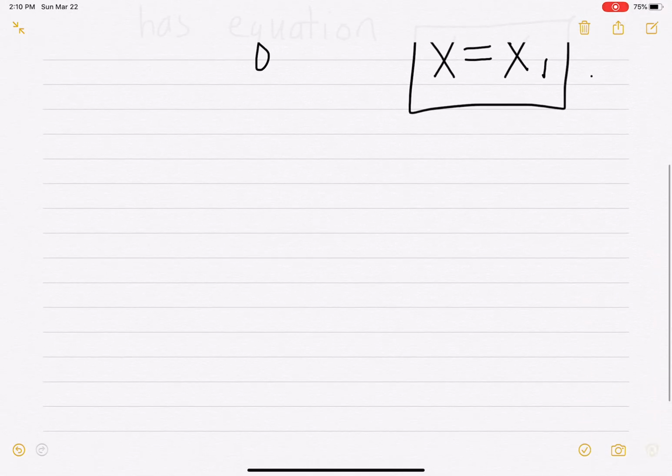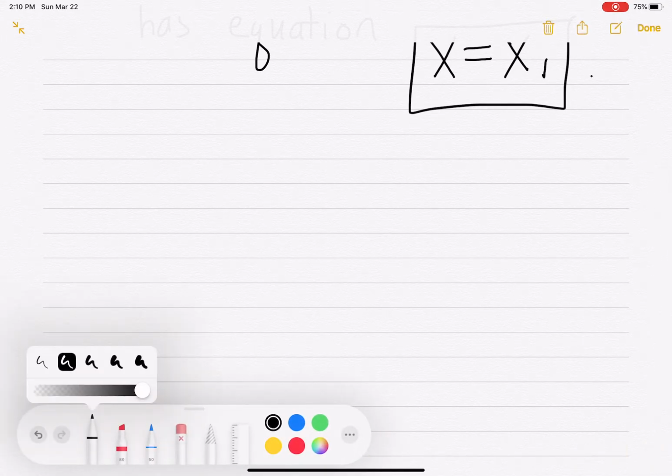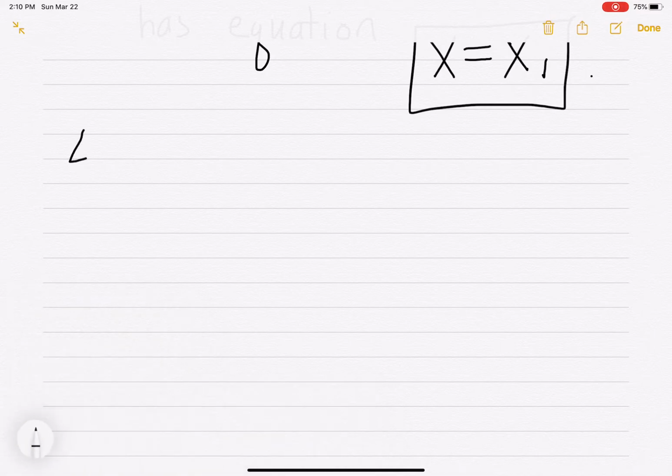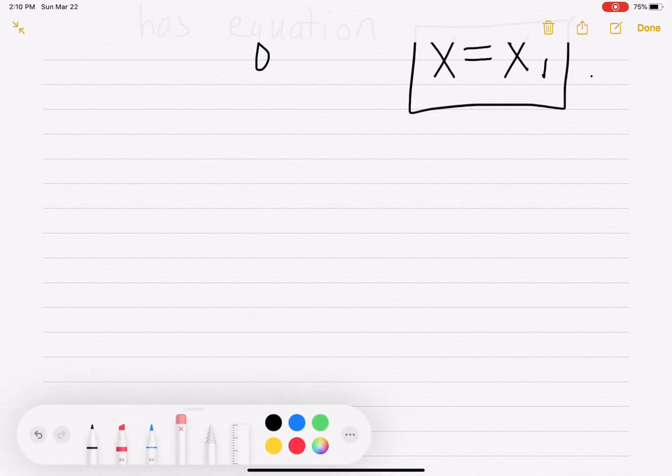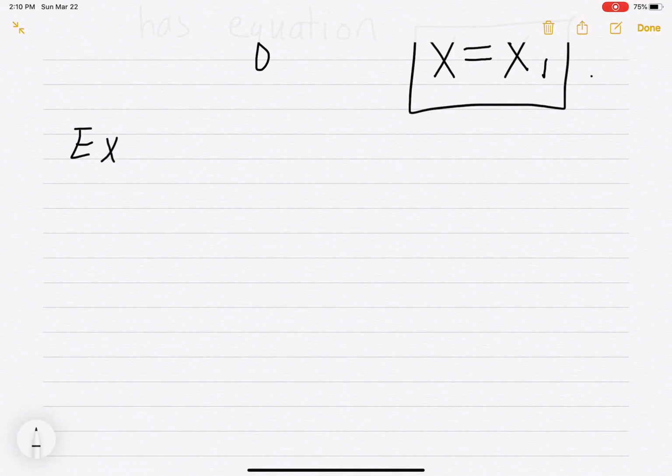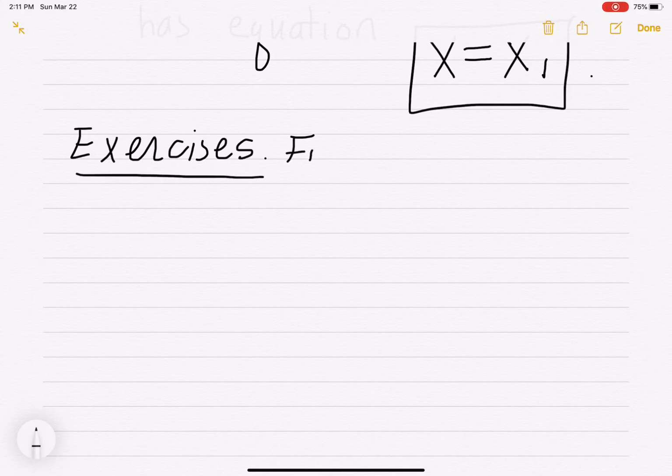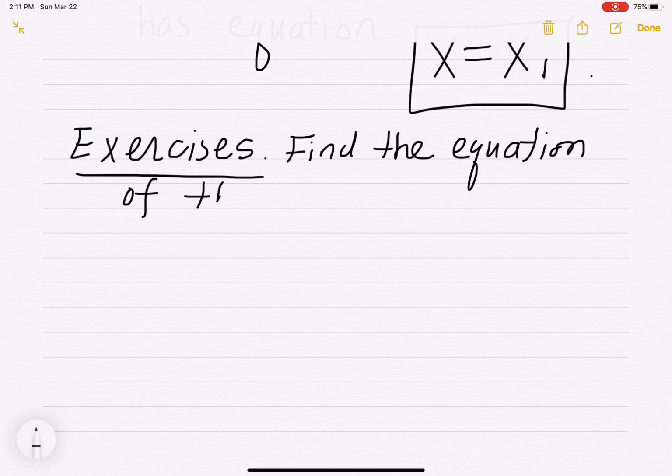Let's do an example. So exercise. Find the equation of the line L. Capital L. So here's number one.